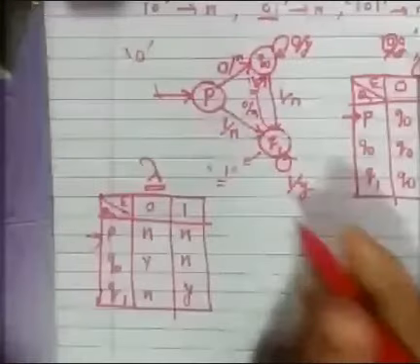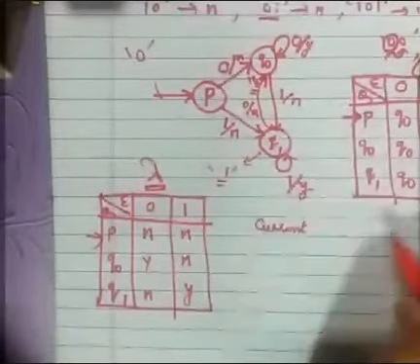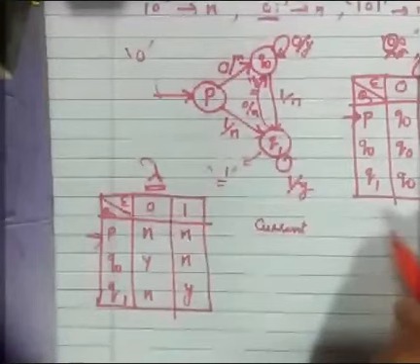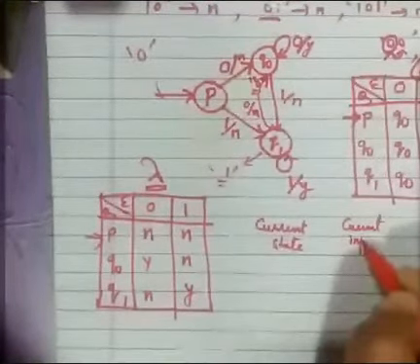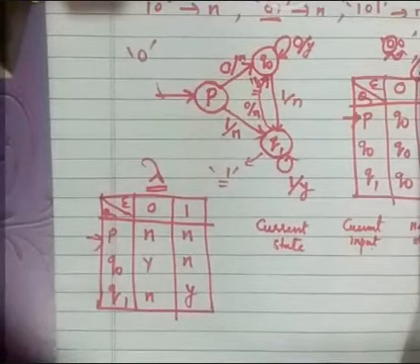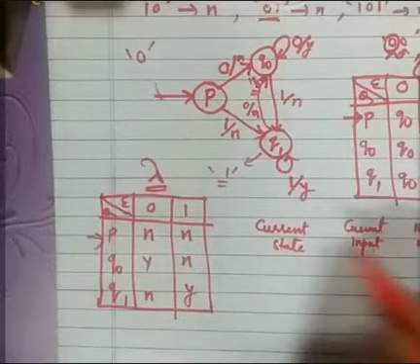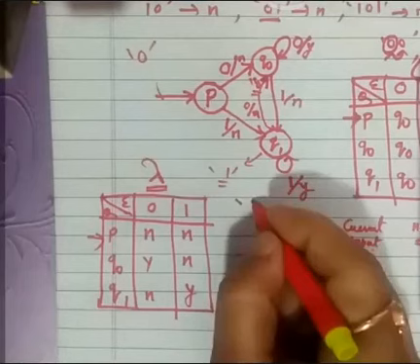You will be writing current state, then current input, then next state and the output. For one sample, I need to represent it. So suppose my input is 1, 0, 1. This is my input. I want to test.